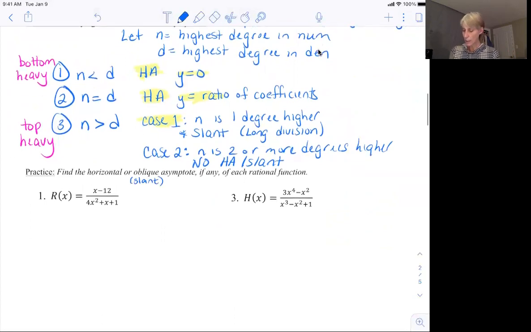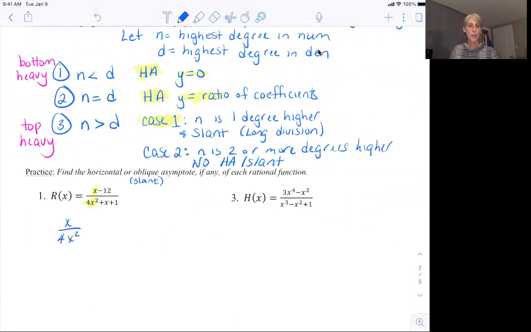R of x equals x minus 12 over 4x squared plus x plus 1. That's the polynomial in the numerator. That would be the term with the highest power in the numerator. And from the polynomial in the denominator, I take out the term with the highest power. So I'm comparing x and 4x squared.